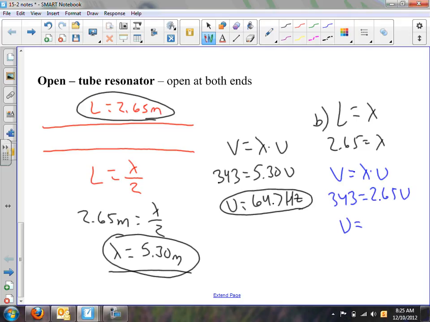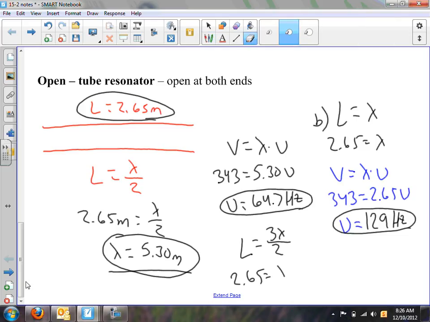We can find the frequency very easily. It equals 129 hertz. And then I'll let you do the third one. Now for the third one, it's a half a wavelength higher. L equals 3 wavelength over 2. Again, we know the length is 2.65. Solve for the wavelength. And once you know the wavelength, you can get the frequency.